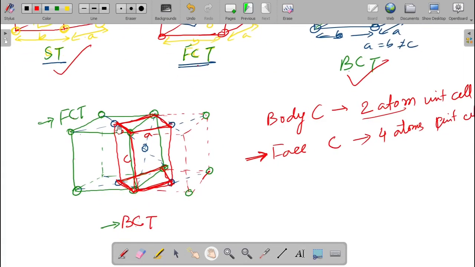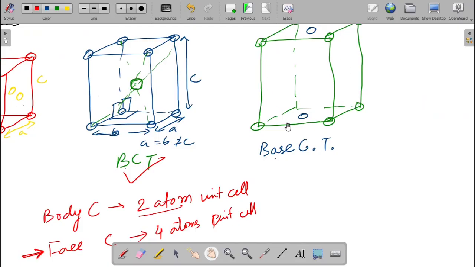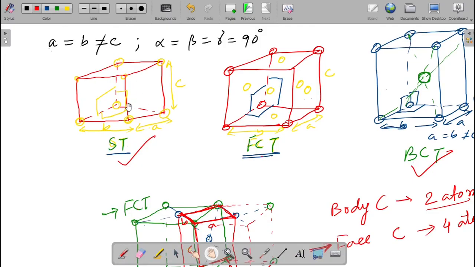So what do you see? If I have this base centered tetragonal, then if I connect these ones, I get this simple tetragonal without this one, because base centered does not have this. So again, base centered has more effective numbers of atoms, 2 in this case, and simple tetragonal has 1, so we choose simple tetragonal.